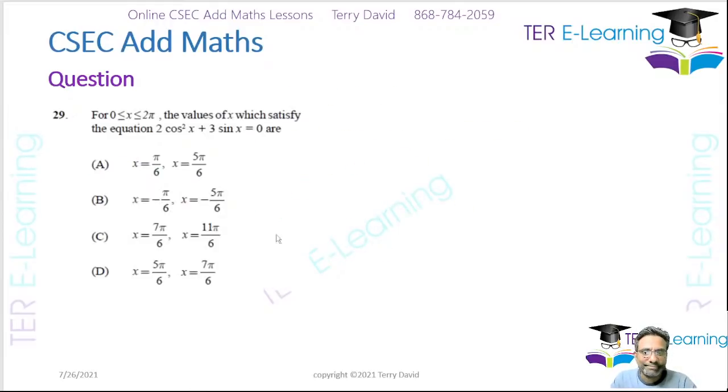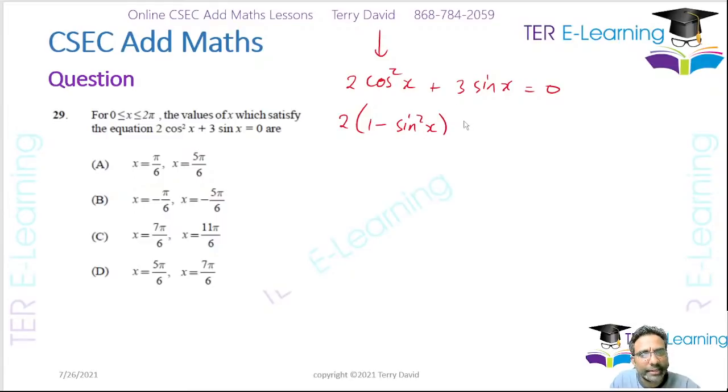So let's keep moving. We have a next equation again. We have 2 cos squared x plus 3 sine x is equal to 0. What I'm going to do is replace the cos squared here with 1 minus sine squared. So this is going to be 2 open brackets 1 minus sine squared x, plus 3 sine x is equal to 0.